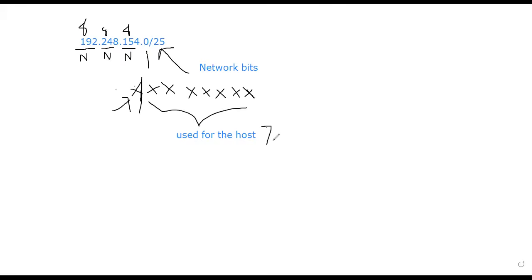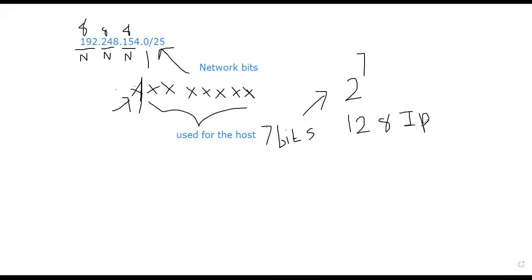If 7 bits are used for the host, can you tell me how many IP addresses there will be? How to find that? That is 2 to the power 7. That's going to be 128 IP addresses, right?